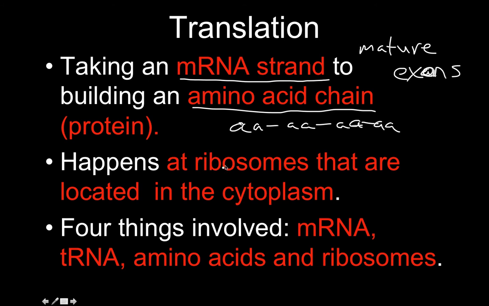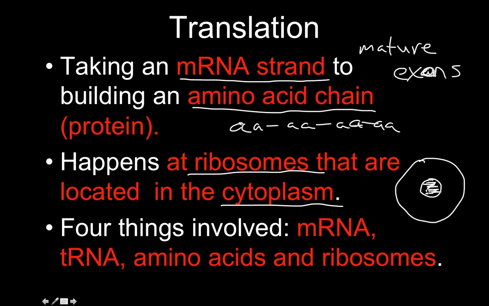All of this process of translation happens at the ribosomes. The ribosomes are located in the cytoplasm of a cell. So if we have our cell, and here's the nucleus of the cell with the DNA on the inside, all of this space in between the plasma membrane on the outside and the nucleus on the inside, that's all cytoplasm.